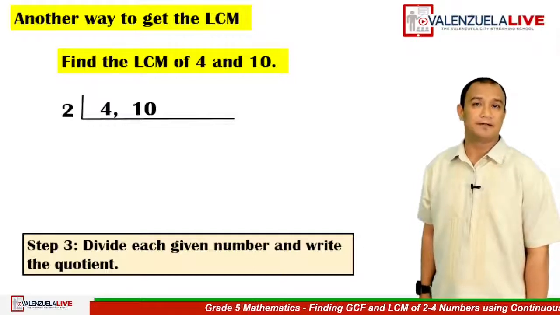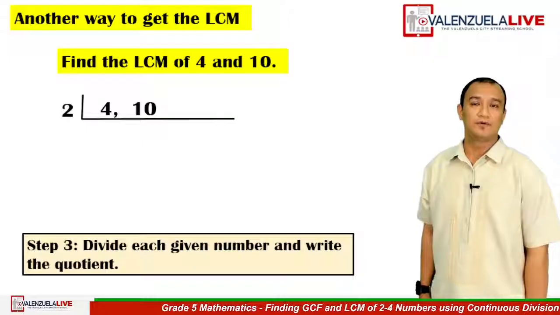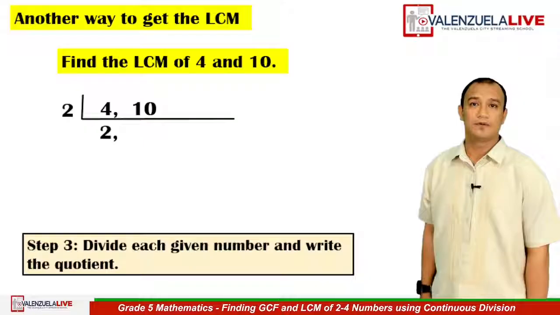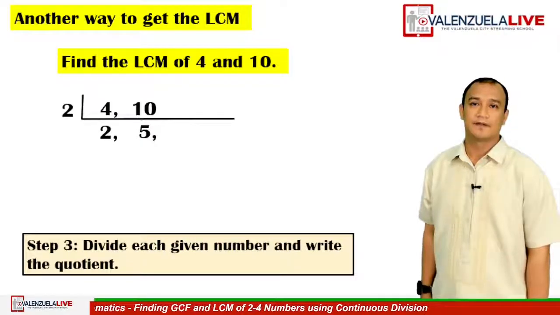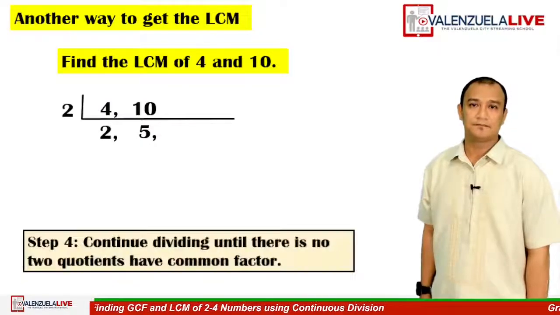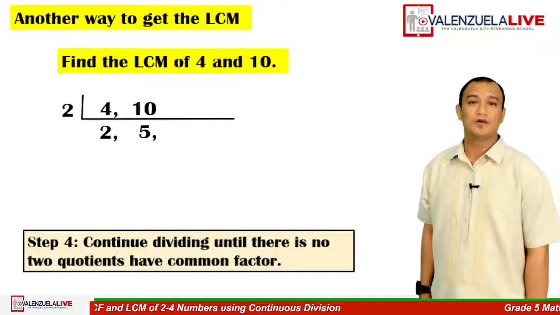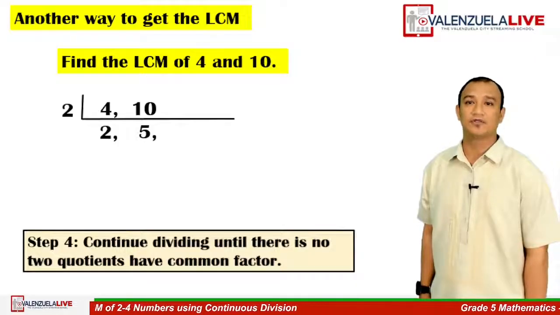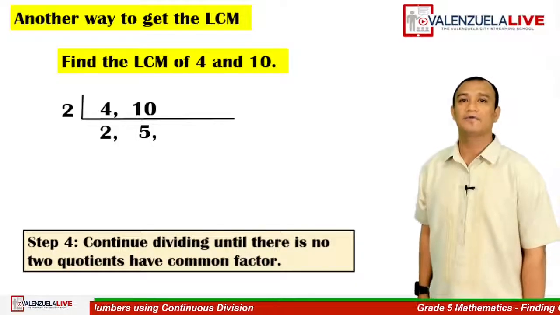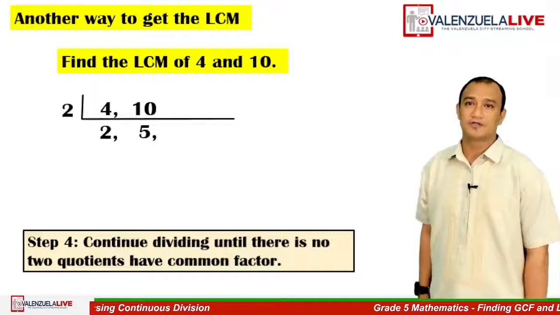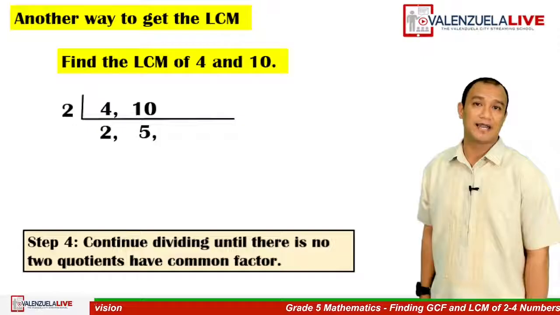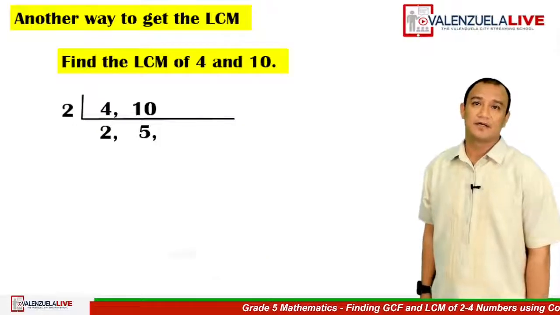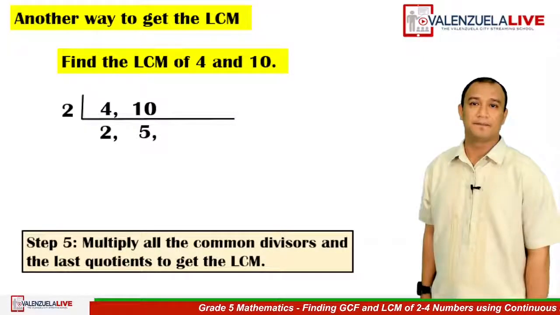Let's divide. 4 divided by 2 is 2, and 10 divided by 2 is 5. For step 4, continue dividing until no two quotients have a common factor. Since we have no common factors in our last quotients, let's proceed to step 5.